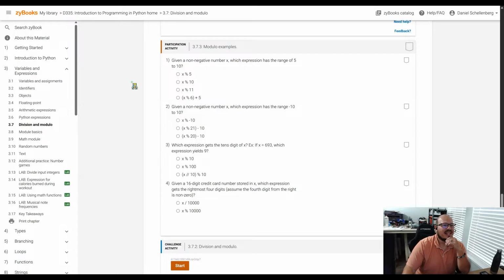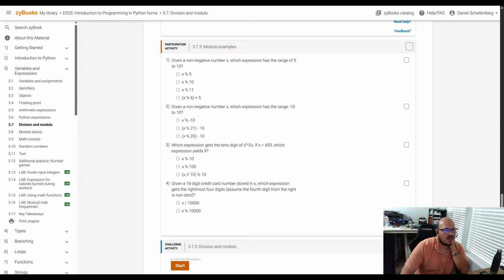Given a non-negative number x, which expression has the range of 5 to 10?